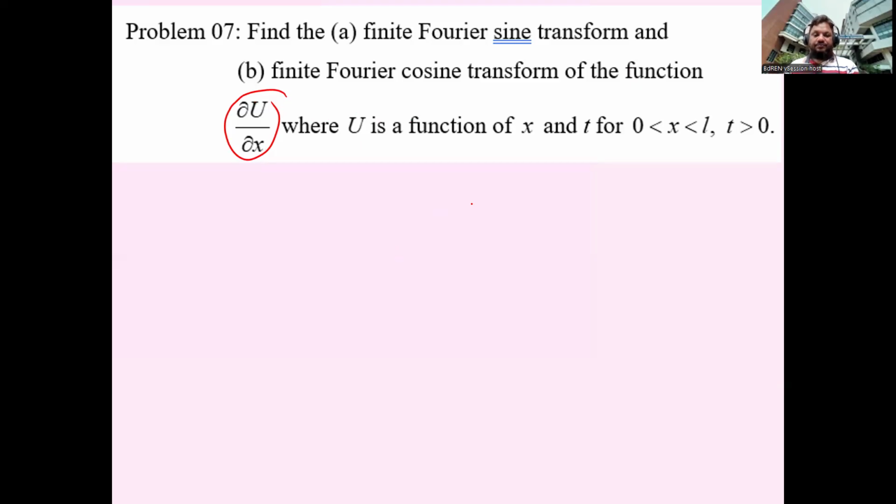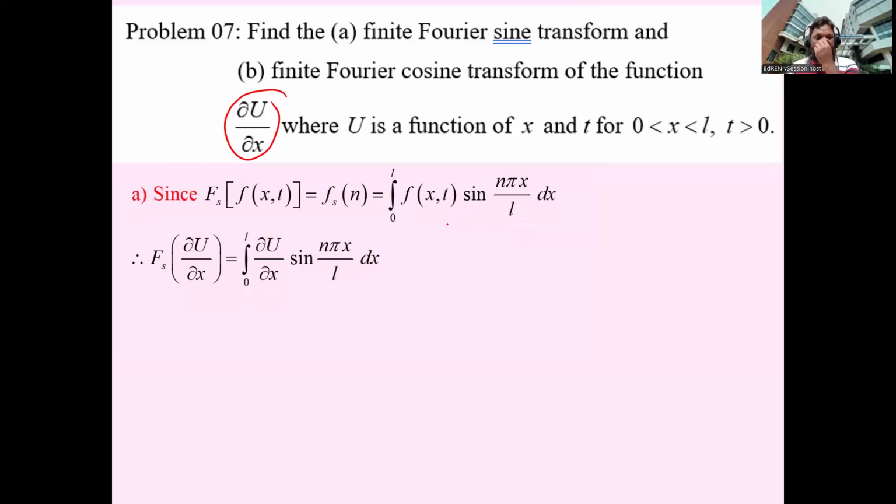Here you see, the Fourier sine transform can be written, as it is finite, as the integral from 0 to L of f of x,t times sine n pi x by L dx.